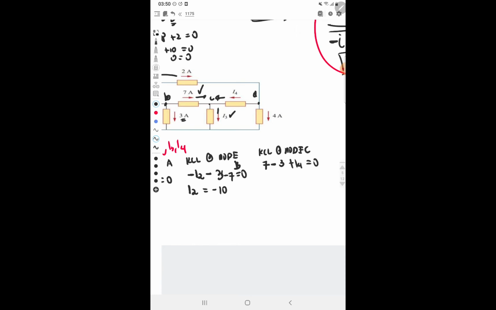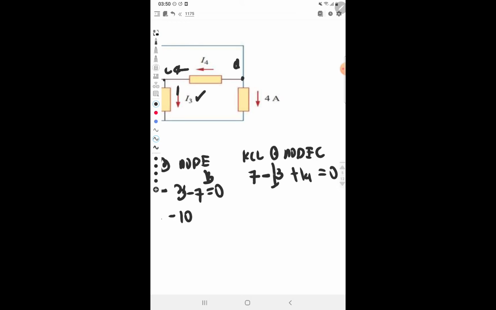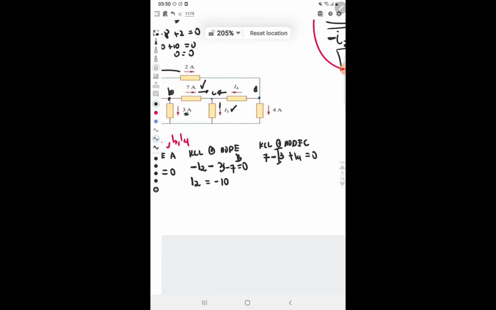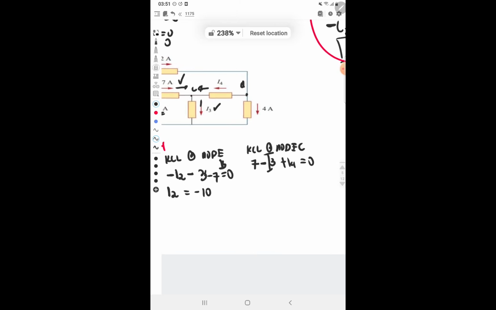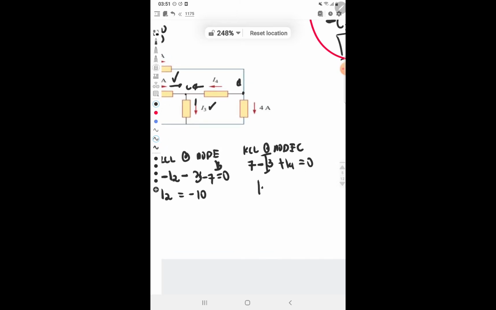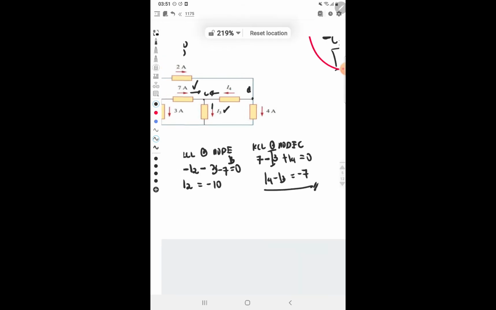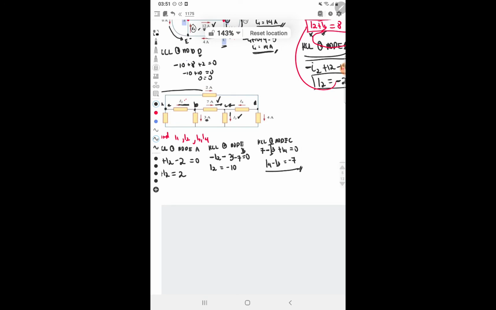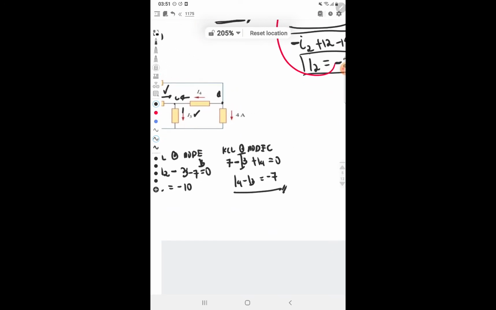Equals 0. Okay? So, actually, this is I3. So, therefore, I will have I4 less I3 is equal to negative 7. This is another equation.